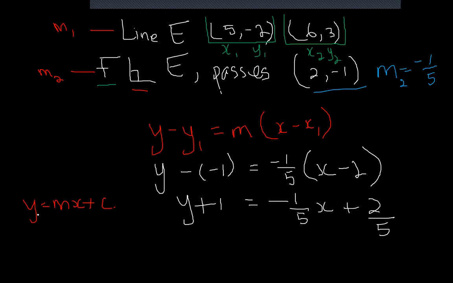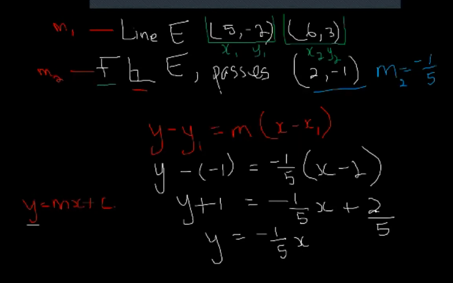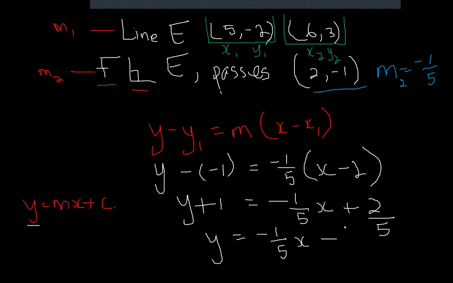We aim for y equals mx plus c, and we want y by itself, so we subtract 1 from both sides to get y equals -1/5 x, and 2/5 minus 1 is -3/5.